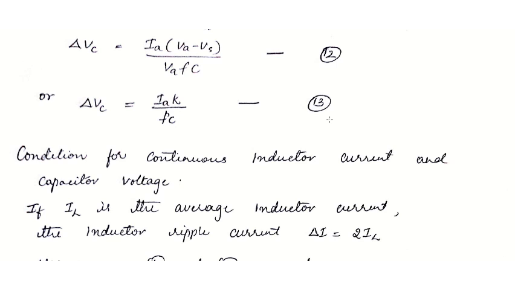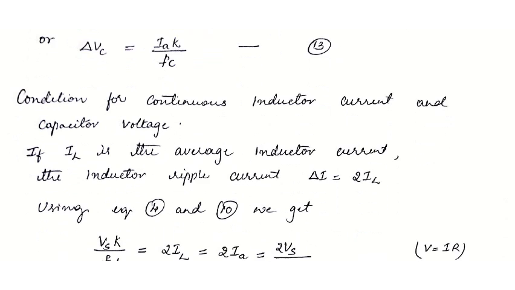Call it equation number 13. So that will give you the voltage across the capacitor, that is the ripple peak to peak voltage across the capacitor.